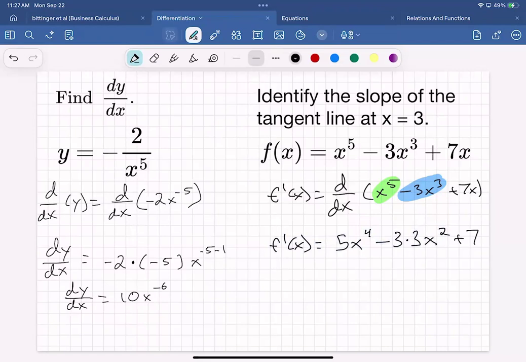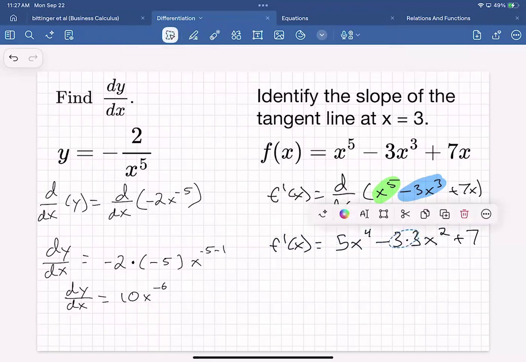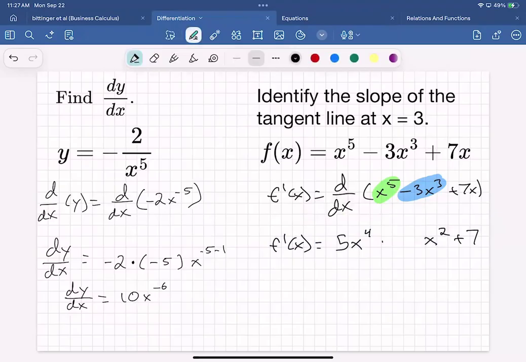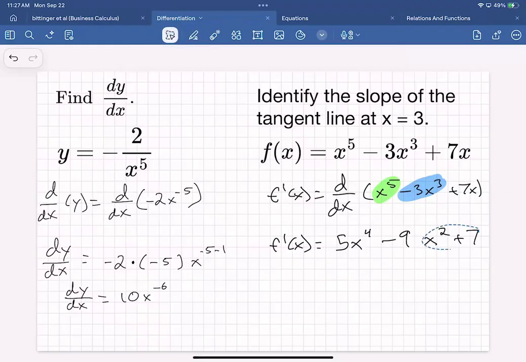Now, keep in mind also, as you deal with this, you didn't have to put 3 times 3 here. You could have just recognized that's just going to become minus 9. 3 times 3, yeah, I can just put minus 9. If you need the extra step, though, please put the extra step. It's better to put the extra step to make sure you're comfortable with something than skip through stuff.